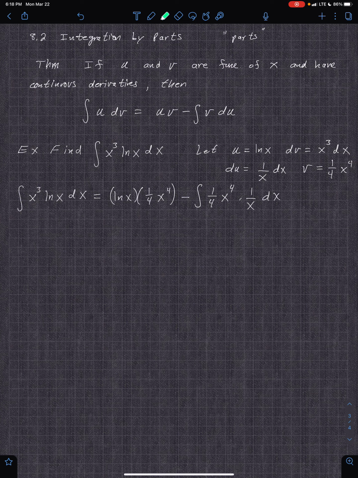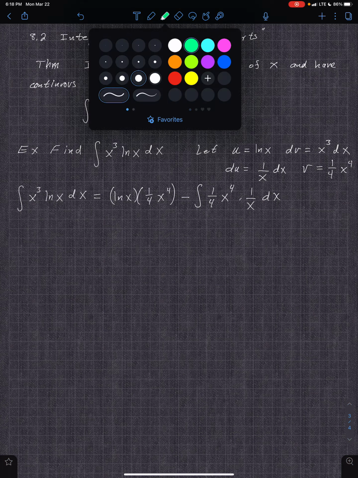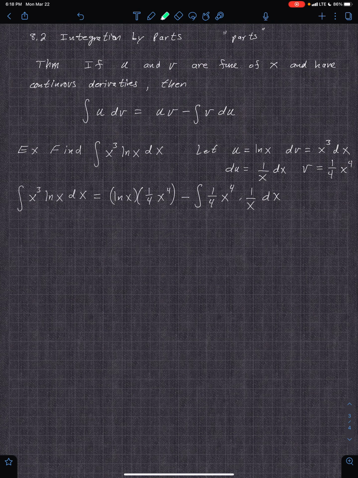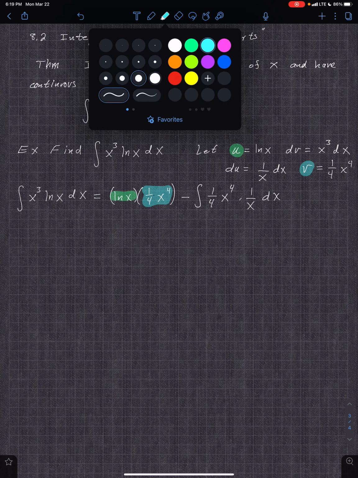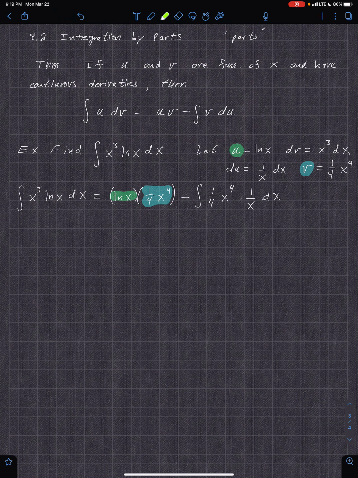Okay, so let me just, might as well highlight since I can. So here's your u is here. And then your v is here. Oops, I just highlighted the wrong thing, didn't I? I was highlighting that. And here's your v, and then integral of your v, which is here.